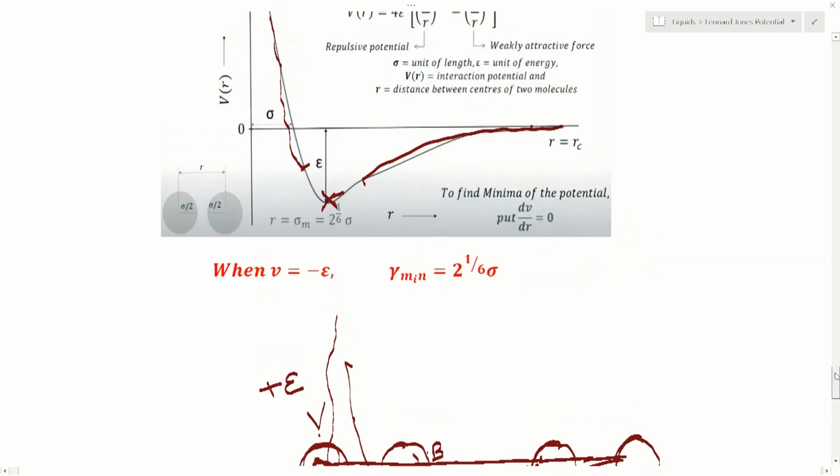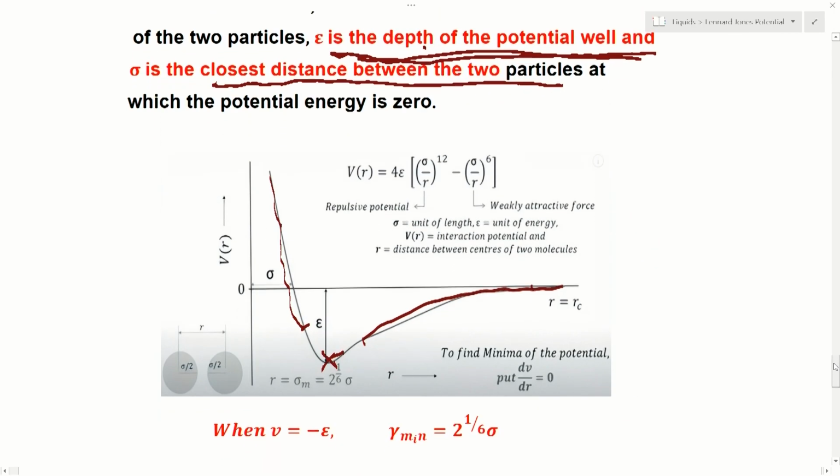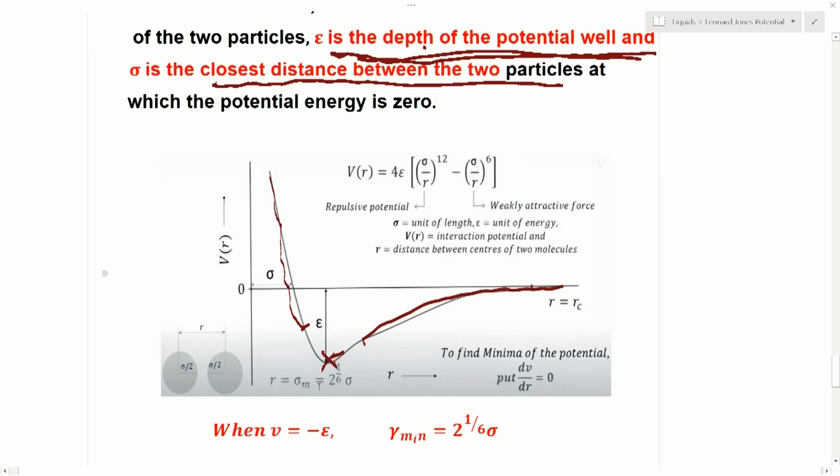Here the distance r is nothing but the diameter, the closest distance between the two particles, and that value is 2 to the power 1 by 6 sigma.